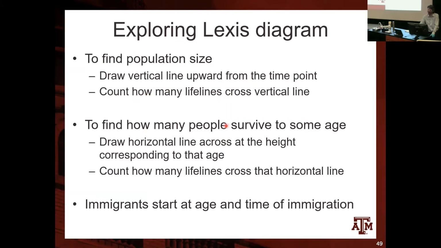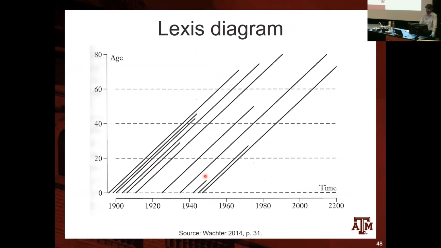To find how many people survive to a specific age, we do the opposite. We draw a horizontal line across at the height corresponding to that age and count how many lifelines cross that horizontal line. So if we go back, how many people between 1990 and, based on our projections, up to 2200, we expect to reach the age of 60?